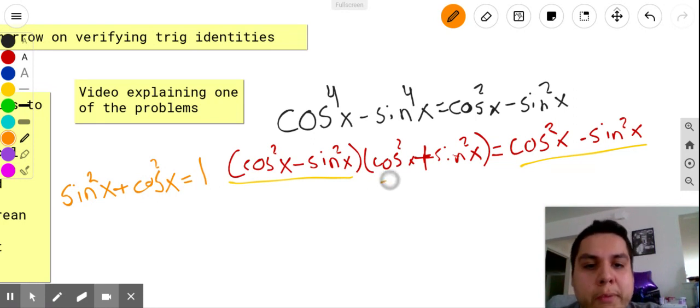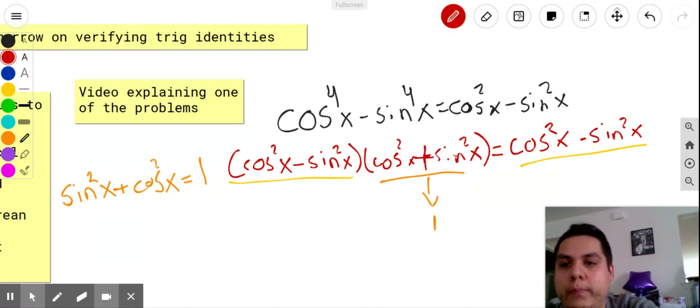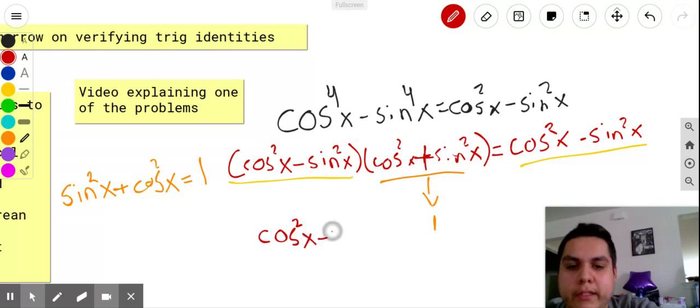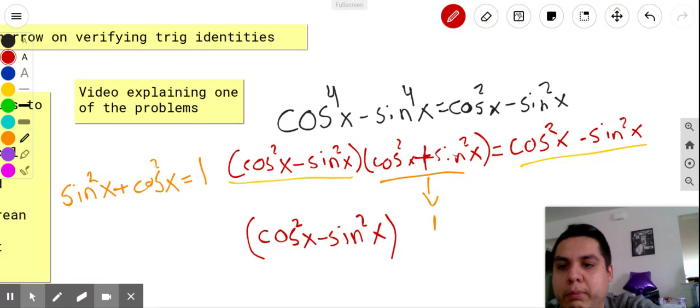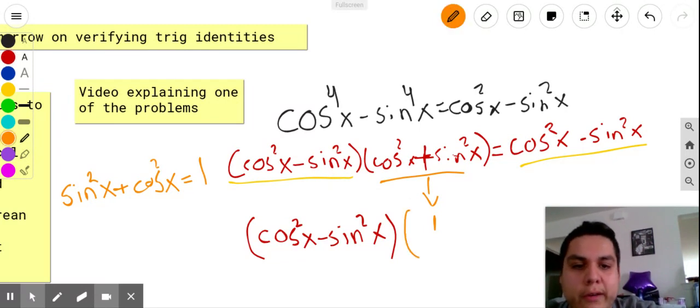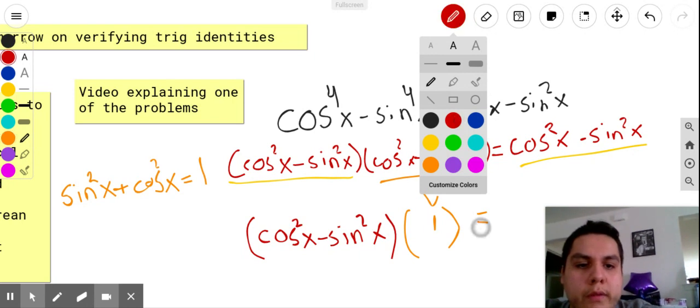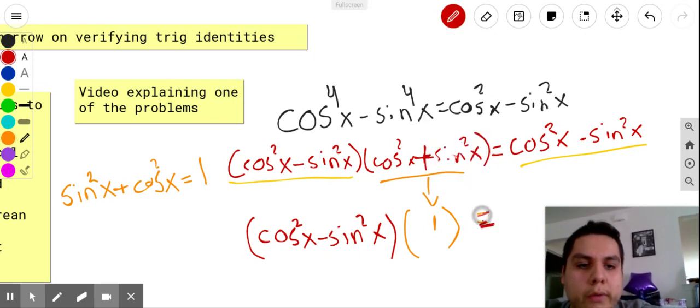So that means I can replace this with 1 and end up with cosine squared of x minus sine squared of x gets multiplied by that 1, because that's what the second parentheses reduces down to, equals cosine squared of x minus sine squared of x.